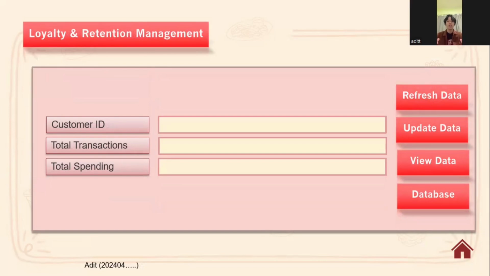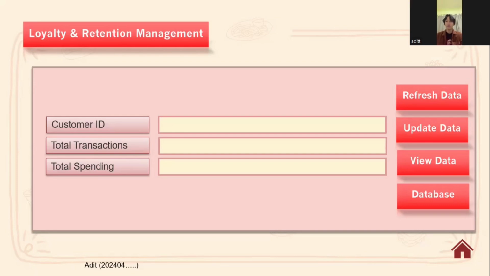It classifies customers into loyalty tiers such as gold, silver, and regular, and shows retention rates to help the company understand customer loyalty and churn risk. You can put the customer ID, refresh data, total transaction, total spending, then update the data and view data.